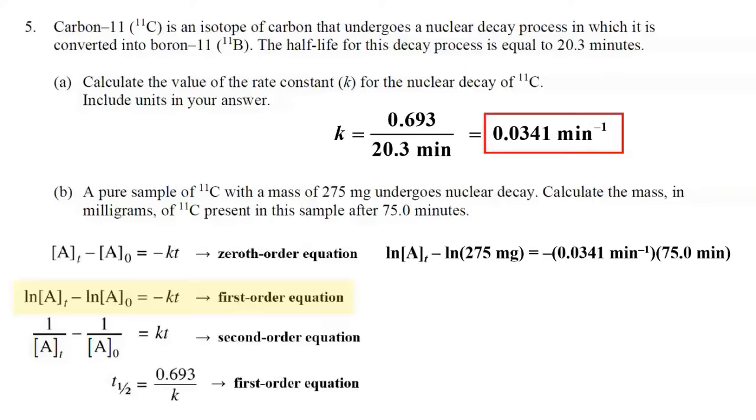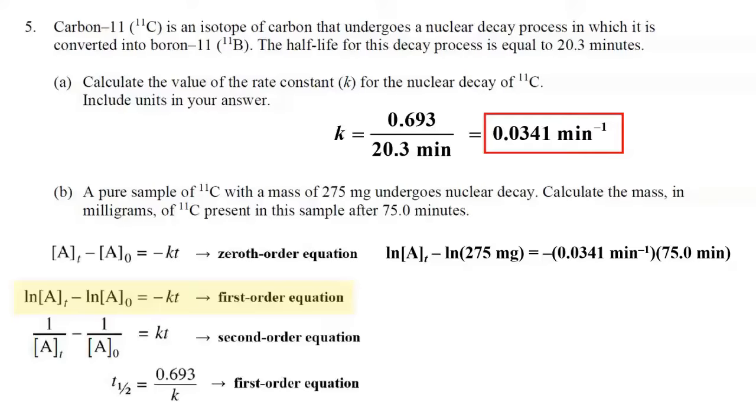So the initial amount is 275 milligrams, and even though normally that would be molarity or moles per liter, because of this nuclear decay process, we can just go ahead and process the amount in grams or milligrams. So 275 milligrams is the initial amount.